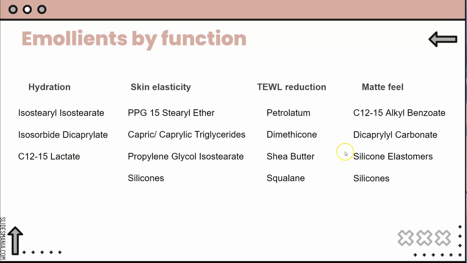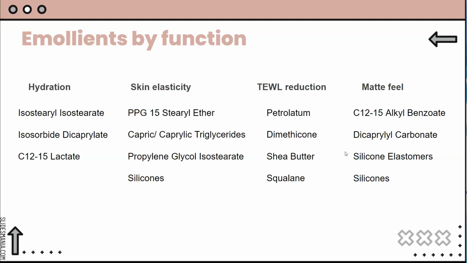Emollients can also be classified according to their function. We have isostearyl isostearate, isosorbide dicaprylate, C12, C15 lactate, which are very hydrating and increase the moisture content of the skin.